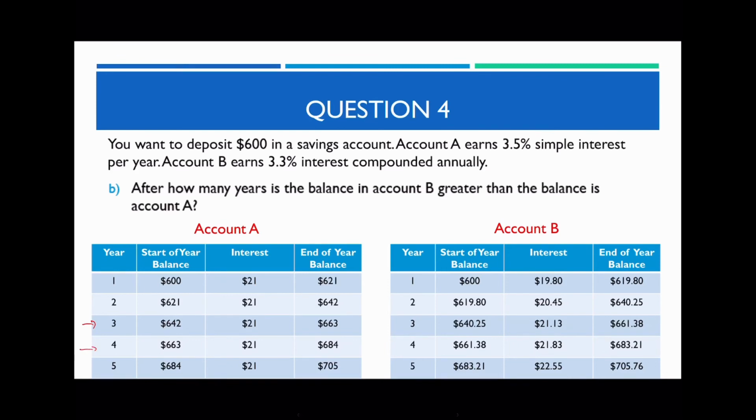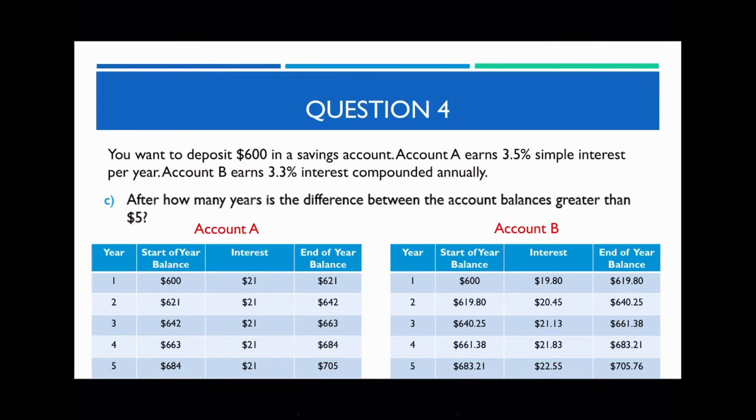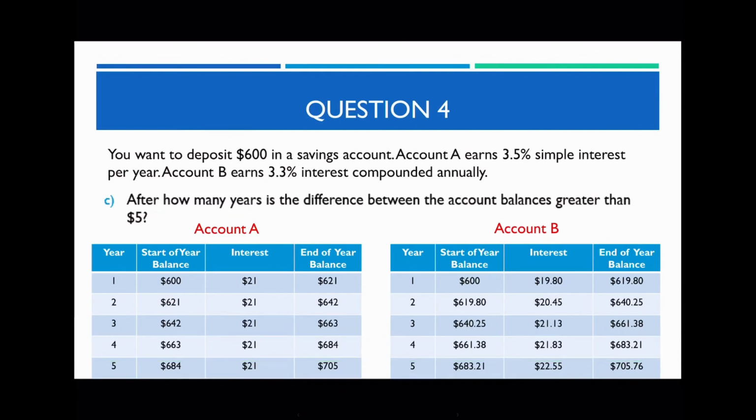After 4 years, we can see that simple interest still earns more. So therefore, our answer is going to be 5 years in this case. So after 5 years, that's going to be our answer. Oh, sorry. I said 4 years, but I think I made a typo. That should be 5 years.